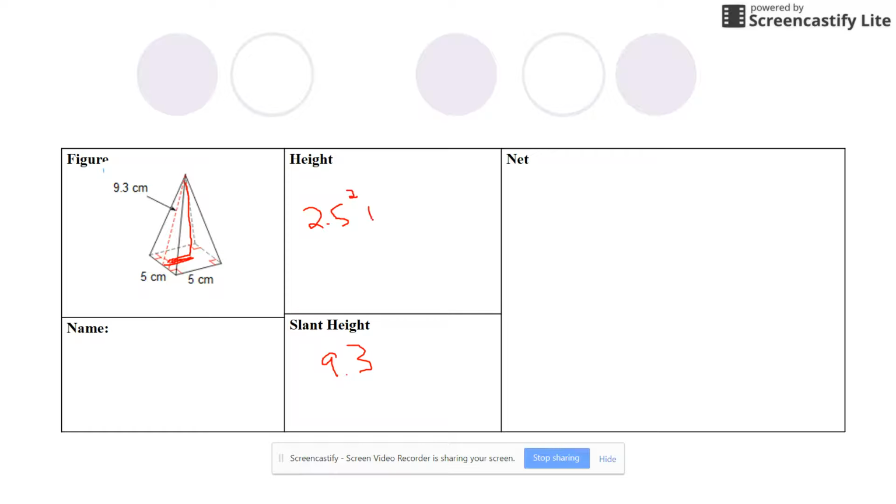Sometimes you actually have to go and find the height, and if you can find these missing parts, you can do any of the formulas. You might want to pause the video, pick up your calculator, and get a height that's 8.96, somewhere in there. It depends on what the rounding is.